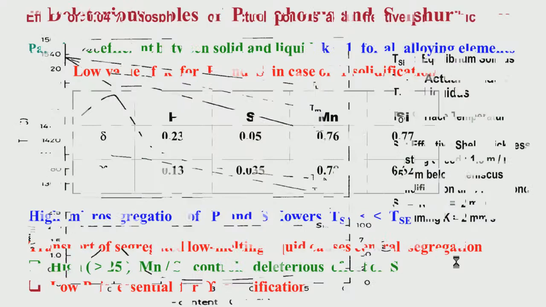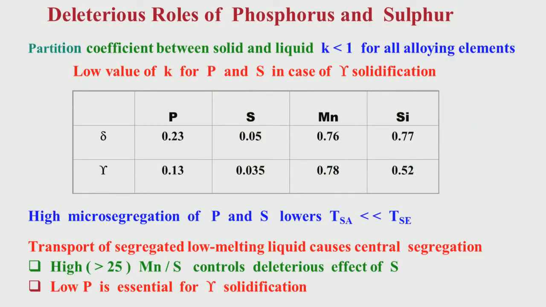It depends exclusively on the small value of k. The small value of k is very important. A small value of k means more segregation. In gamma solidification, you see these k values are less. So that means the segregation of sulfur and phosphorus will be more for gamma solidification.